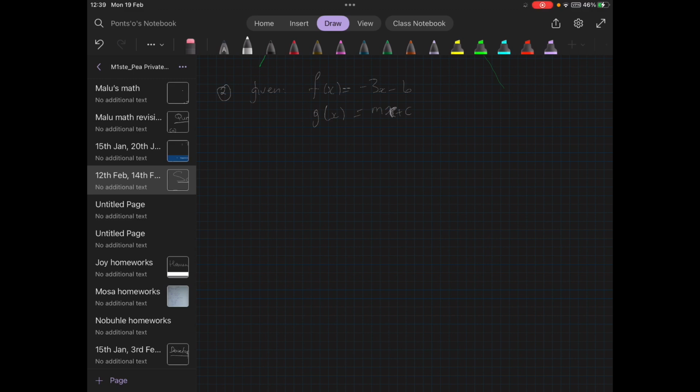But we know that the point 1, 2 is on g of x and f of x. Where does it say that? F and g passes through the point 1, 2.